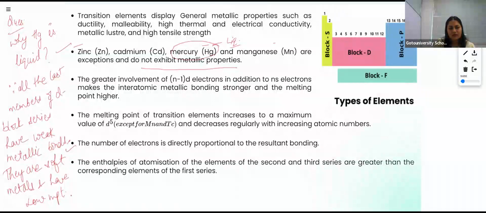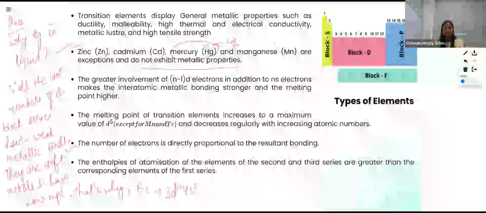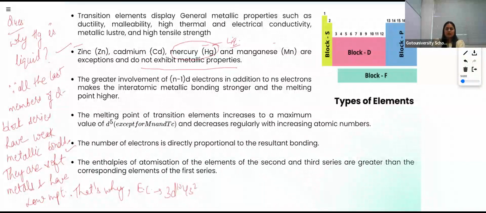if we look at the electronic configuration of these elements, how are they? 3d10 4s2, right? For cadmium, it will be 4d10 5s2, right?